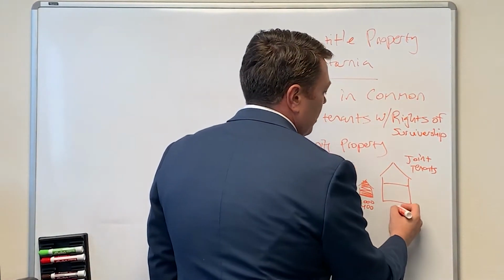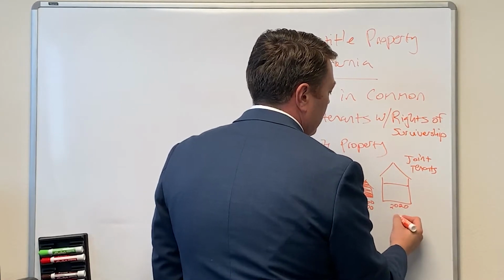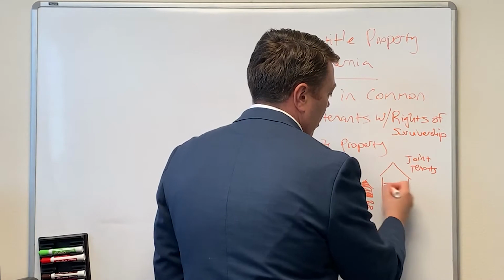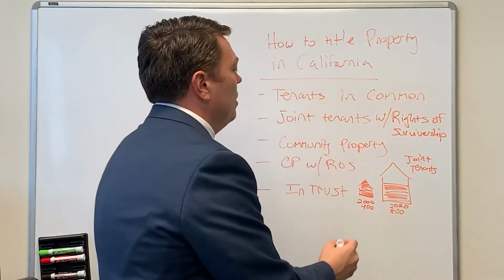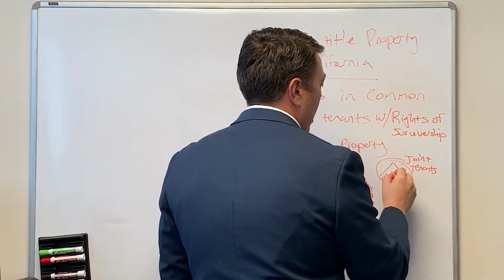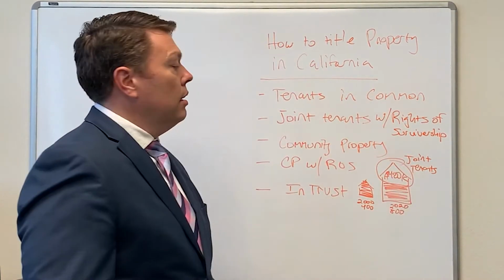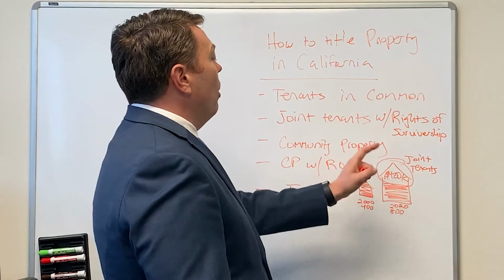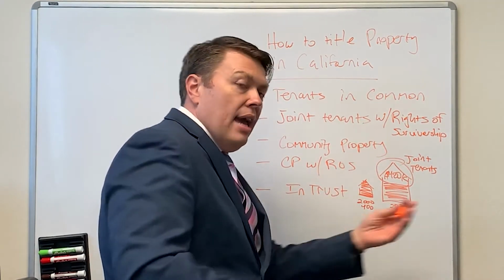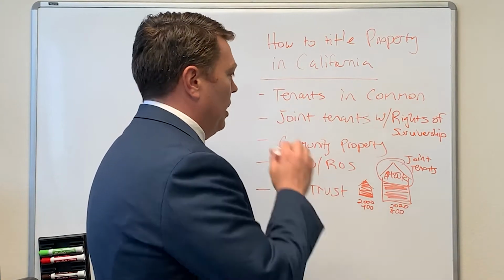If it went up in 2020 to $800,000, which wouldn't be out of the normal realm of possibility, you have $400,000 here that could potentially be taxed at capital gains rates. Now, if you hold it as joint tenants, then you have the same basis in that property.